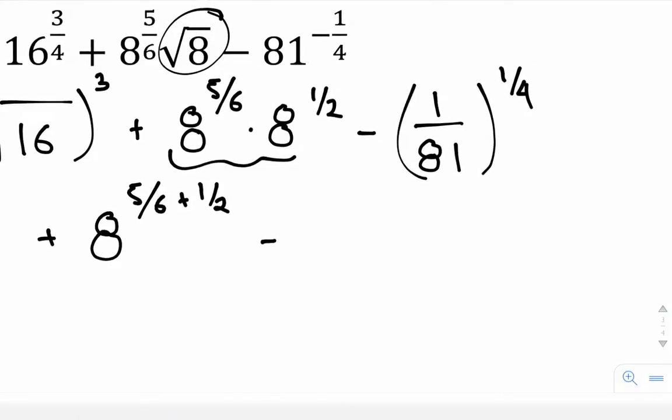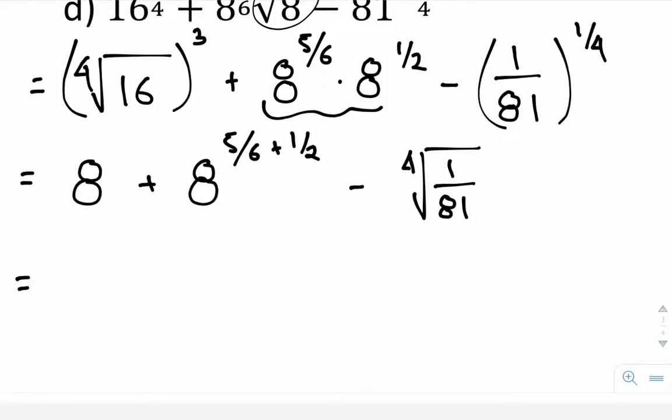And then finally minus the 4th root of 1 over 81. So I still have my 8 here, plus 8 to the exponent, let's see, 8 over 6, minus 1 over the 4th root of 81, which is 3.